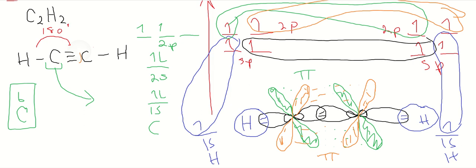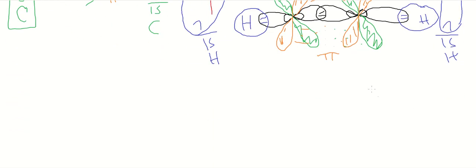Anytime you have a triple bond, one of them is always going to be a sigma bond, and the other 2 are going to be pi bonds. When you have double bonds, the first one's going to be a sigma bond, the second one's going to be a pi bond. All right. Anyway, not to get off track too much, let's highlight what is important.